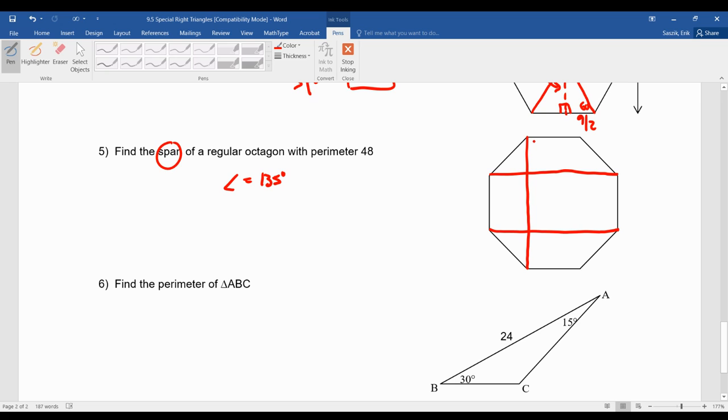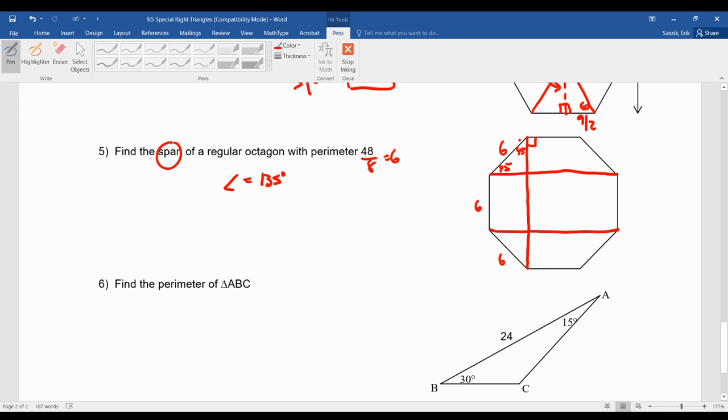The reason it's important here, though, is this span is going to be perpendicular. So if that's 90, that means this angle here is 45, you see? And we just created a 45, 45, 90. If I divide this by 8, I get 6. That means that's 6. That's 6. That's 6. Okay?